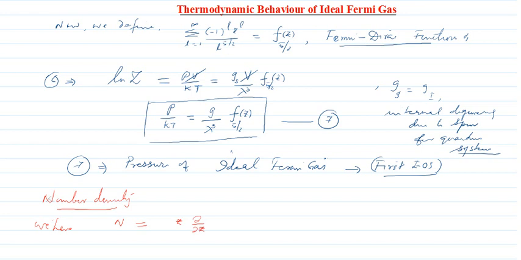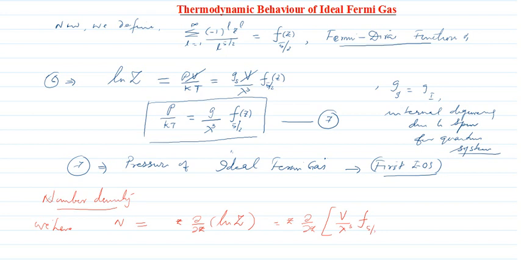I think by this time you are familiar with all these standard expressions of log of the grand partition function, which is log Z. So I can substitute here, N is equal to z dou by dou z, and for log Z we obtained v divided by lambda cube, of course g can be included later if needed, f of 5 by 2 of z, the Fermi-Dirac function.